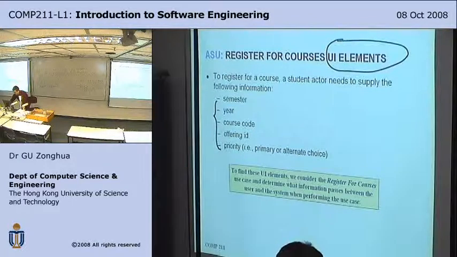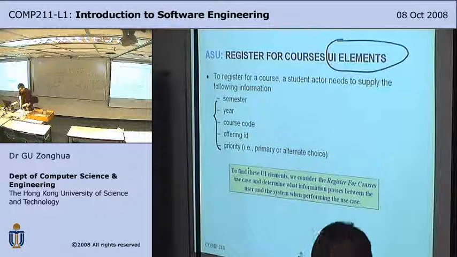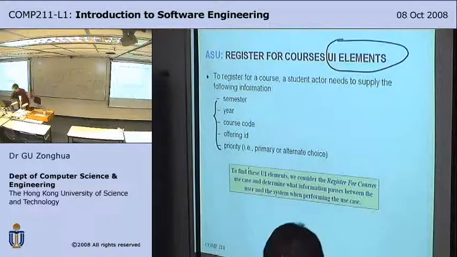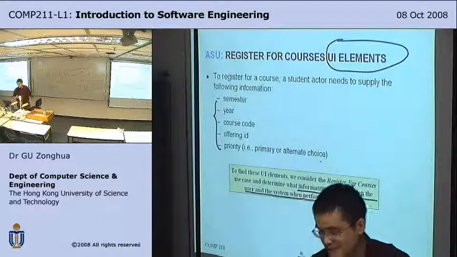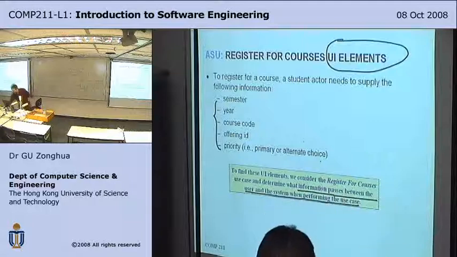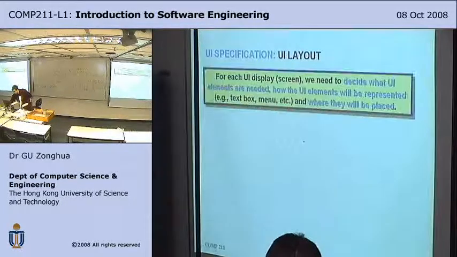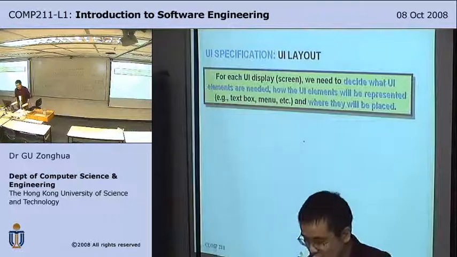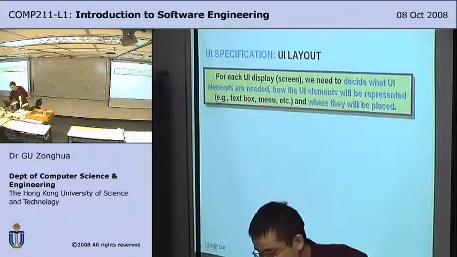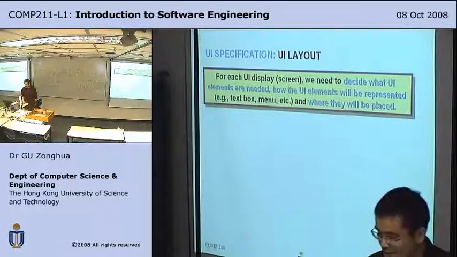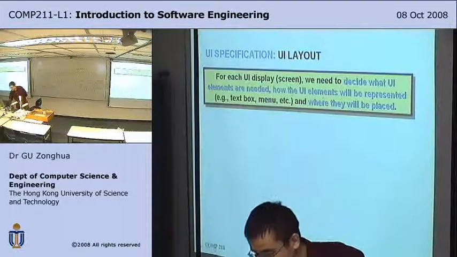To find these UI elements, we consider the register for courses use case and determine what information passes between the user and the system when performing the use case. So you pull this information from the use case specification. And for each UI display or dialog, we need to decide what UI elements are needed, how the UI elements will be represented, and where they will be placed.